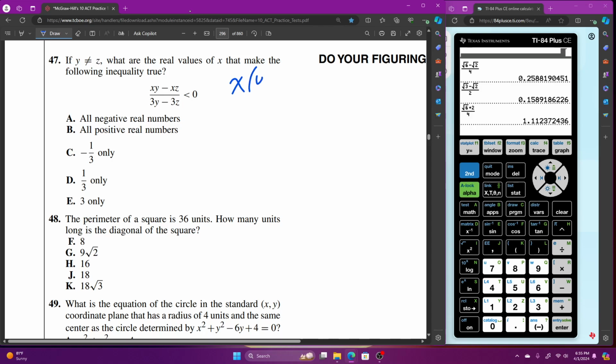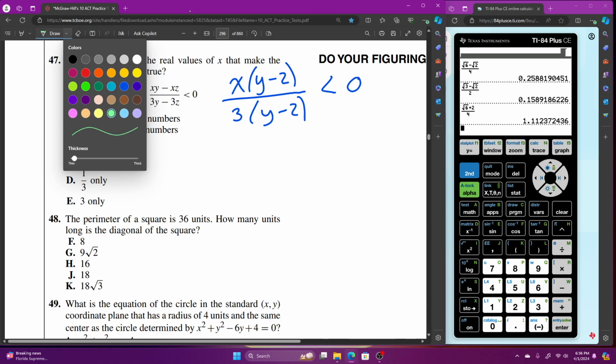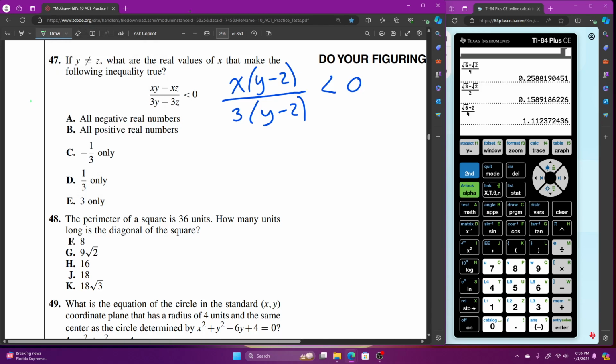X times y minus z on the numerator over 3 times y minus z is less than 0. Agreed, right? And now we have the same thing on top of the same thing. Like I told my 5th graders, when you're dividing the same thing by the same thing, they simplify to a great big invisible sneaky ninja 1. So really it disappears. We got x over 3 is less than 0.